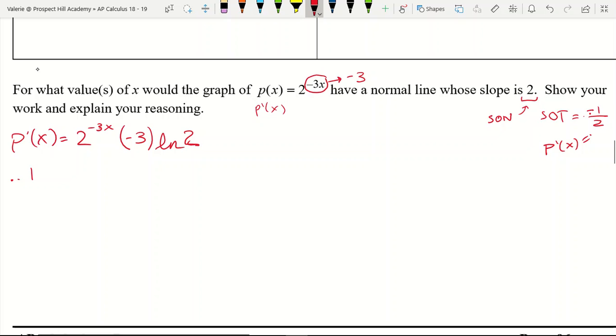So we have negative 1/2 equal to, let's just rewrite this, negative 3 times 2 to the negative 3x times ln of 2. And all you have to do now at this point is plug it into a calculator, and you'll get that x is approximately 0.6854.